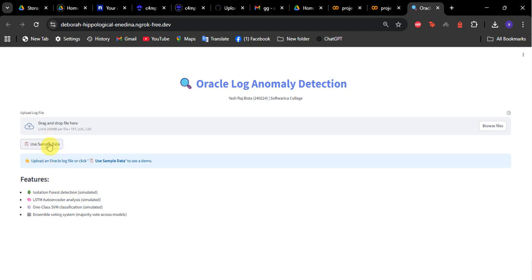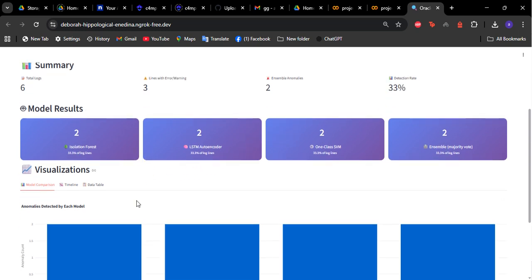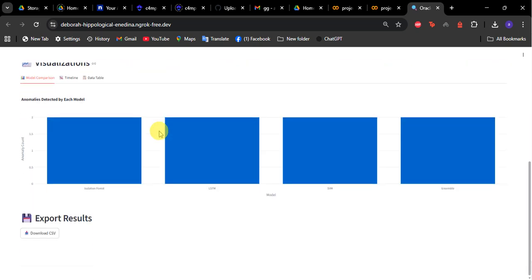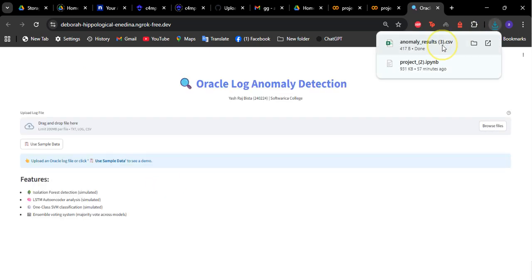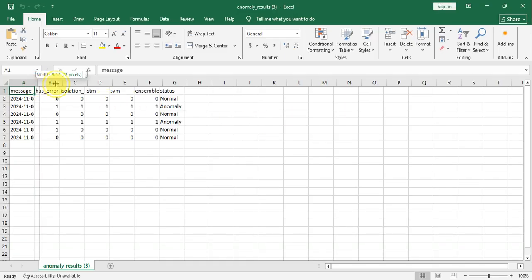When we use this sample data, we can see there are six total logs, three lines of error or warning, two ensemble anomalies, and a 33% detection rate. We can also download the CSV file here.